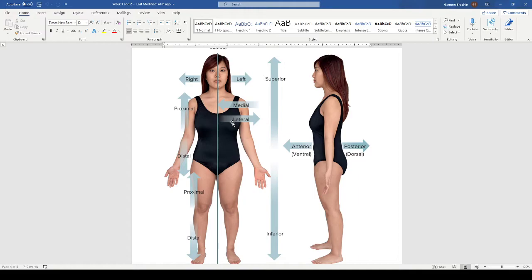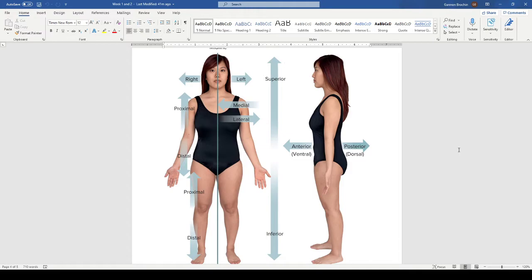We'll talk about body planes as well. There are 3 main body planes, and we can use them to describe the location of various parts of anatomy, okay?